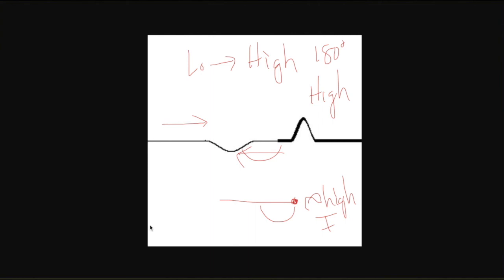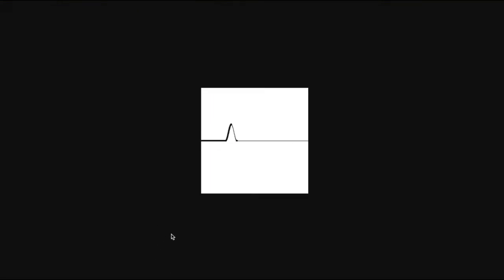All right. Let's look at going from high to low. Here's high to low. What happens? Well, some of the wave continues on, right? But what kind of reflection happens here? It's in phase. See how it comes in as a crest, and I'll blow it up here a little bit.